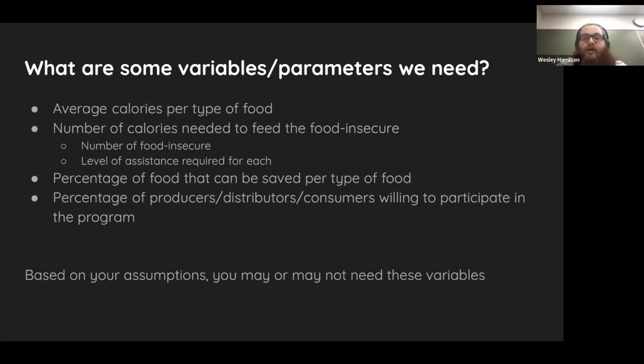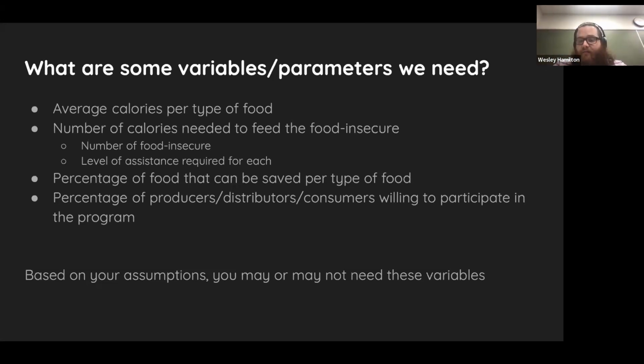percentage of producers, distributors, consumers actually willing to try to save some of these things. All of these assumptions go back to the problem statement, where you're working with the caloric content and the amount of calories. If instead you were just interested in quantifying the cost of things, you'd have different variables, maybe the amount of money that's wasted per food type.